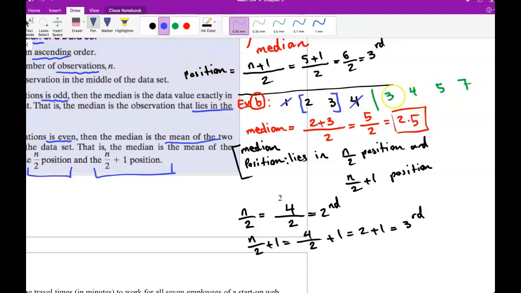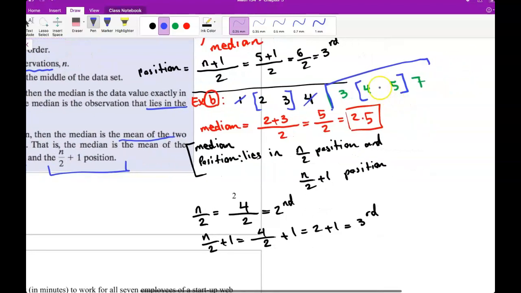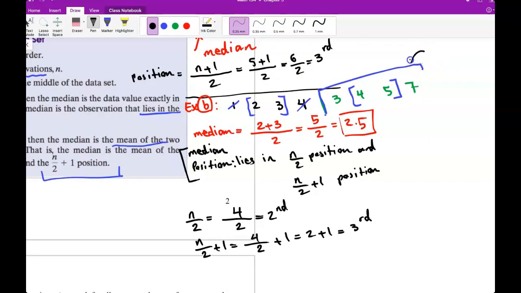If you had that, our median is on this part, between second and third place. So this is another example. This is example 2 for part B. Okay, I'll rewrite that one.